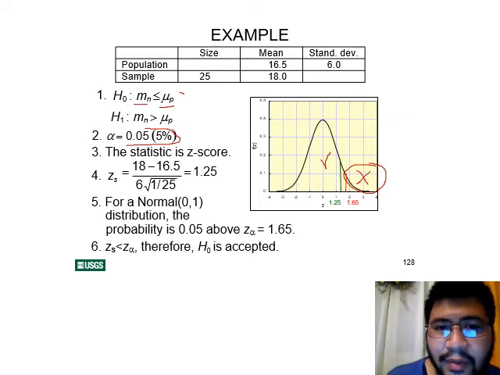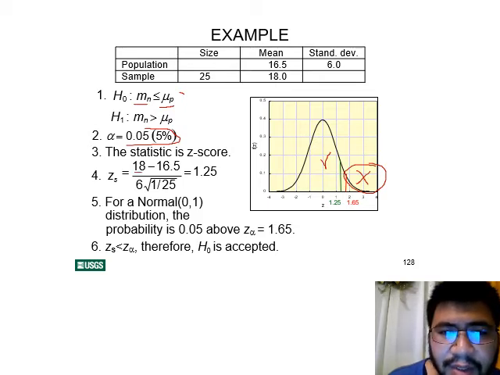Going back, we calculate the z-score by using the transformation equation, which is based on the central limit theorem. We subtract the population mean from the sample mean, and then we divide by the population standard deviation and by the square root of the inverse of the sample size.